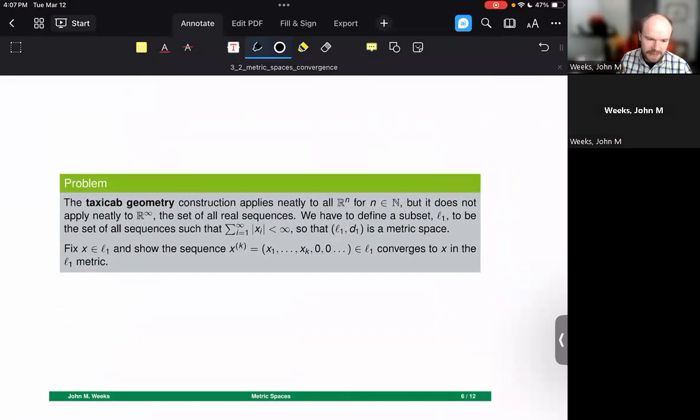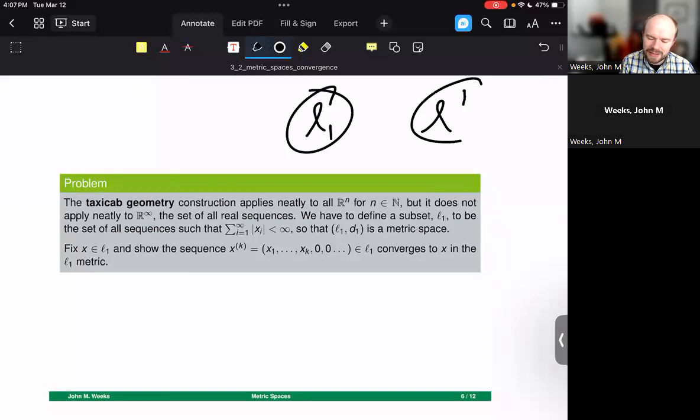The taxicab geometry construction we talked about last time, I describe a little bit here, and we see the subset L1 here as well. Notice that sometimes I will write L1 like this. I see some textbooks do this, whereas sometimes I see L1 written like this. You might see me write some of both, and I'm not going to make a distinction between these two things. These two are the same thing, L sub 1 and L to the power of 1.